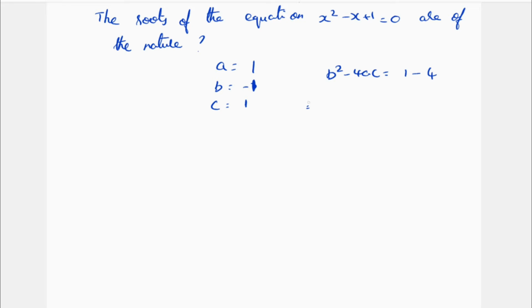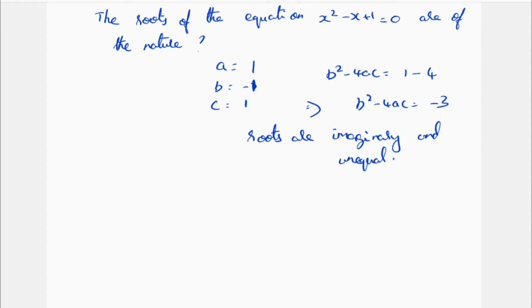This gives me b square minus 4ac is equal to minus 3. When the discriminant is minus 3, that is negative, roots are imaginary and unequal. Okay, this is the nature of the roots.